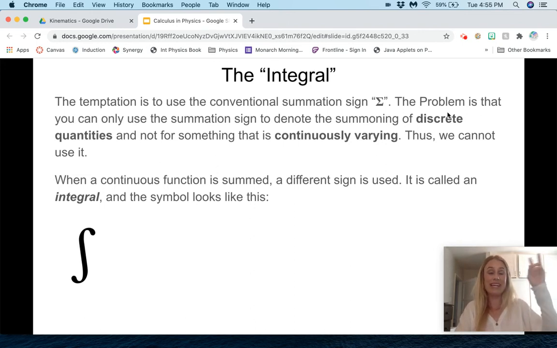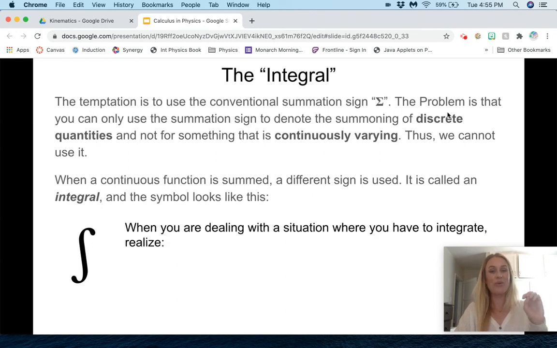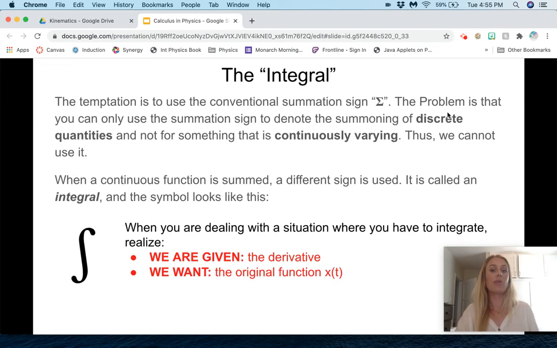Now, when you take an integral, this is also called taking an antiderivative. So there are several names for this: integral, antiderivative. Sometimes I'll say the snake, just because it's more fun. When we're dealing with this situation and we have to integrate, we need to realize that what we are given is the derivative and what we want is the original function, hence the name antiderivative.